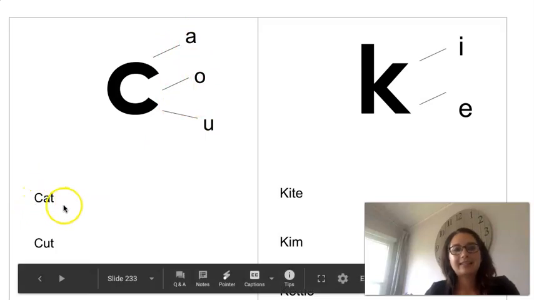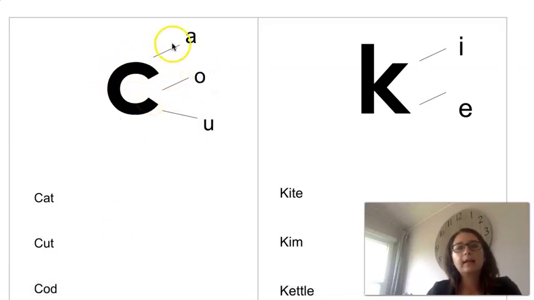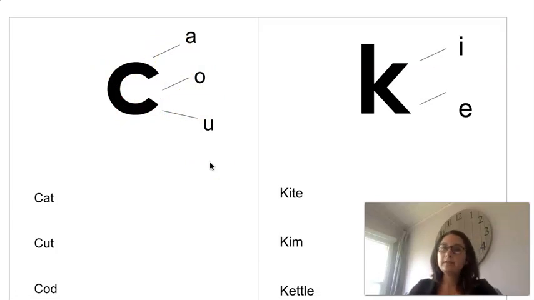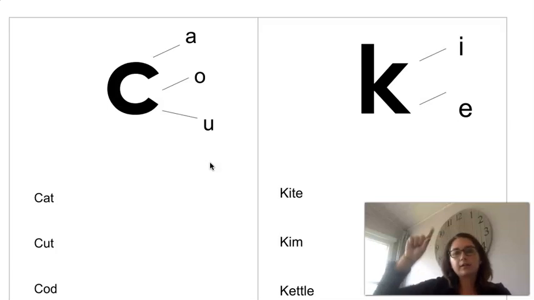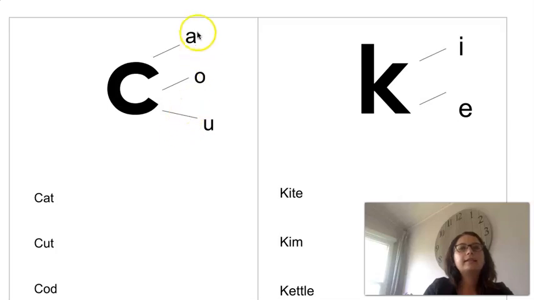So cat has an A. Cut has a U. Cod has an O. When you hear the word cat, you wonder, does that start with a C or a K? Well, I hear K and then I hear A. So I know the first letter must be a C.